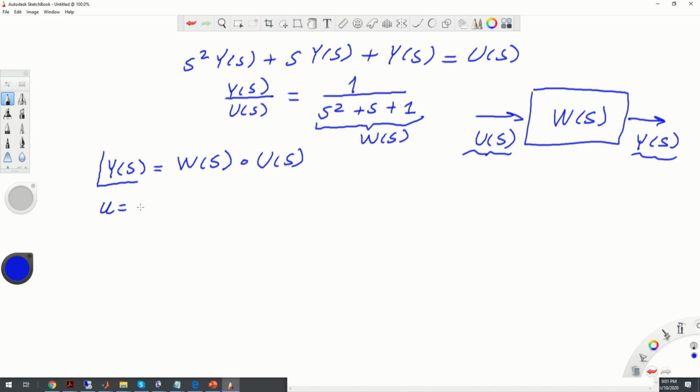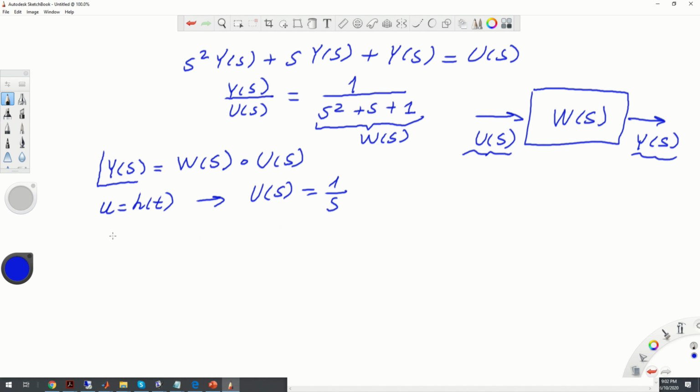Okay, now our goal is to compute the step response. In time domain, if your function is equal to the Heaviside function, basically the Heaviside function is 0 for t smaller than or equal to 0, and 1 for time larger than 0, right? Its Laplace transform is simple. It's 1 over s.